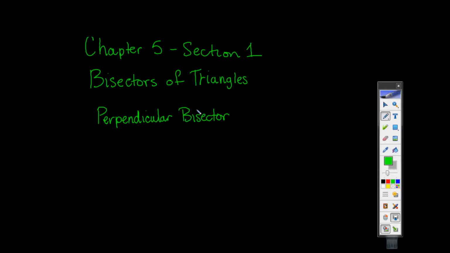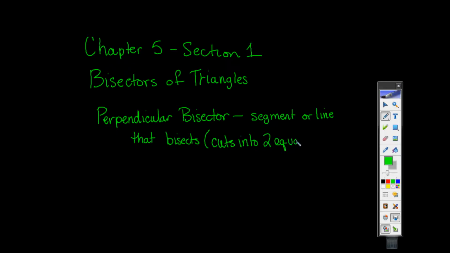Okay, a perpendicular bisector is a segment or line, and it bisects another segment at a 90-degree angle.